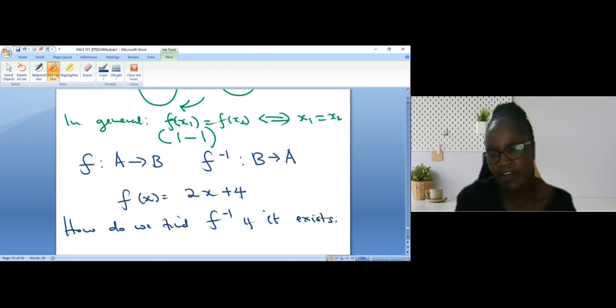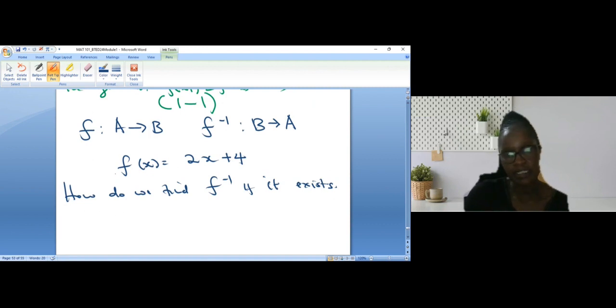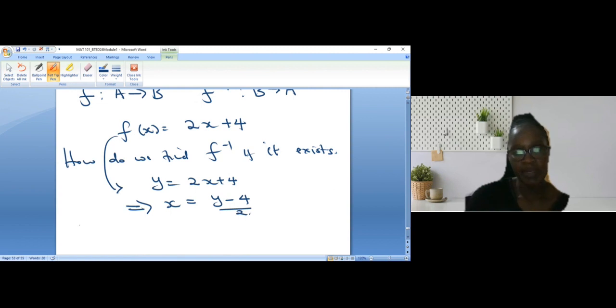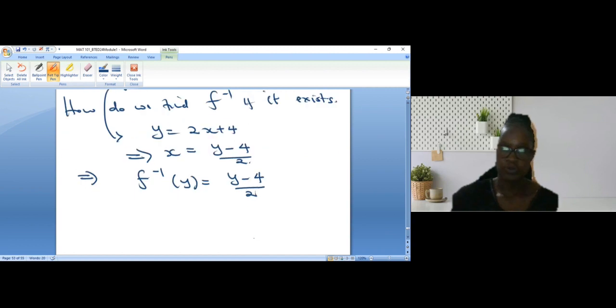So you find f inverse by making x the subject. So for example, here you have y is 2x plus 4. When you make x the subject, x would be y minus 4 divided by 2, meaning that f inverse of y is y minus 4 divided by 2.